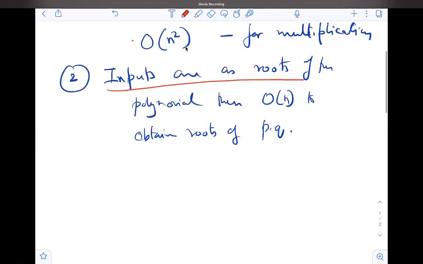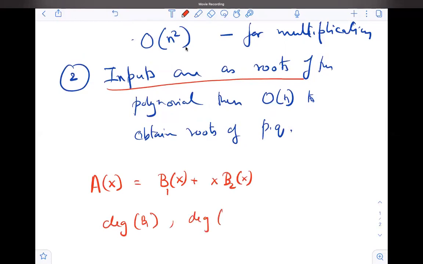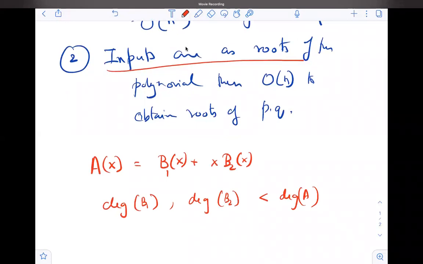Any a of x can be written as b1 of x plus x times b2 of x, where the degrees of b1 and b2 are strictly less than the degree of a. And then you can use multiplication. Good, so this is another way of doing it, but can you compute how much time it will take to solve it like that?